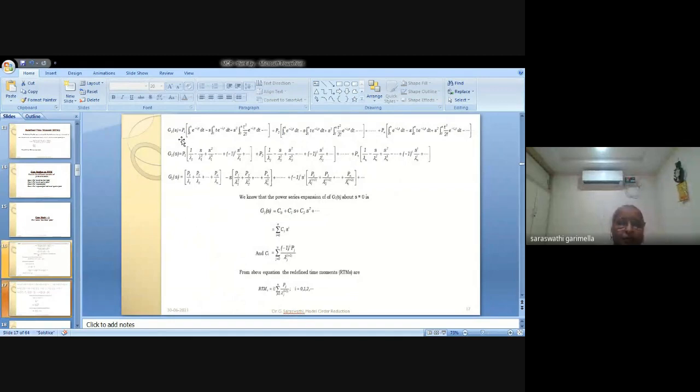So I took P1, P2 and so on, Pj, Pn, and you will have the same polynomial for different lambdas: here lambda 1, P1, here lambda 2, P2, lambda n, Pn. Like that you will get different series. That is nothing but 1 by lambda 1 minus s by lambda 1 square plus s square by lambda 1 cube, and so on. So this is how I redefined the original expression.